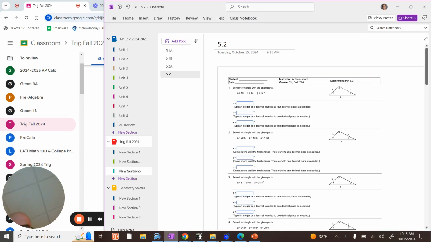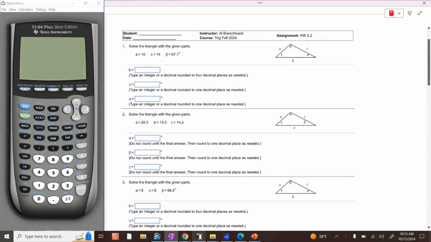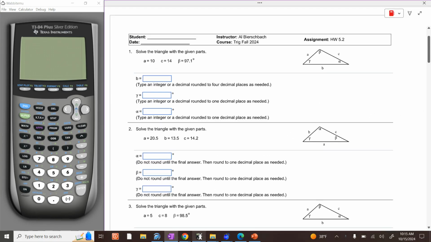Law of cosines. When you're given side angle side, 10, 14, and 97.1, life's easy.